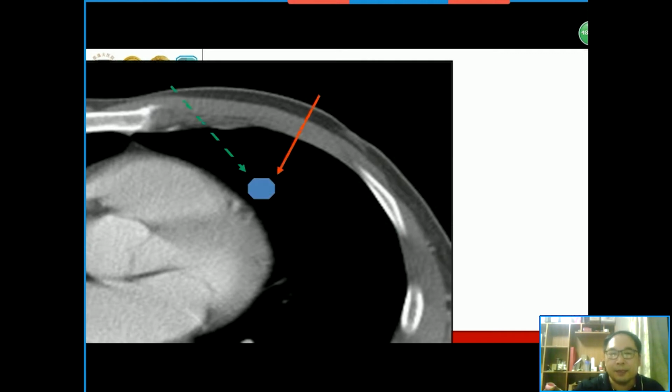And for this technique, the puncture direction matters for the ablation zone. We usually never use this direction, but for radio frequency ablation, it could be used. But for microwave ablation, we usually use this direction.